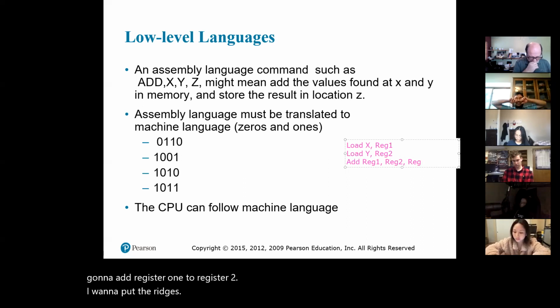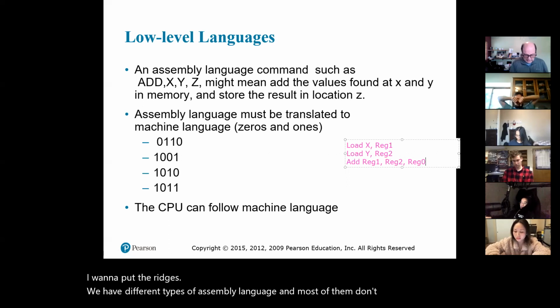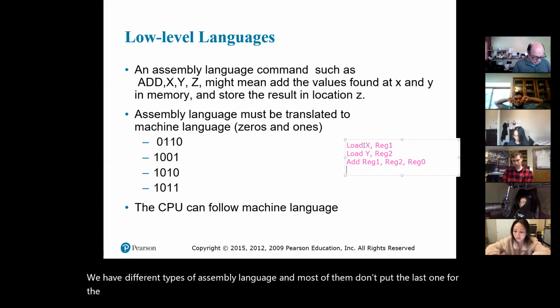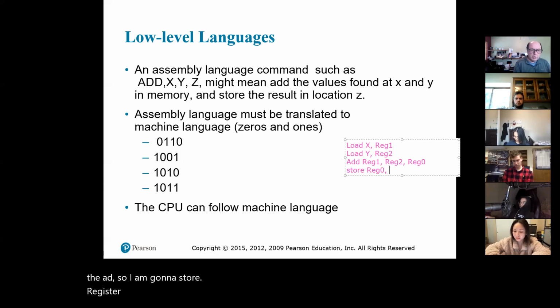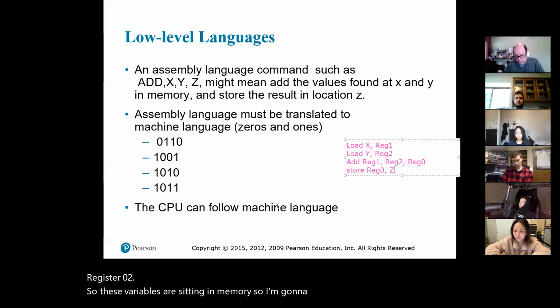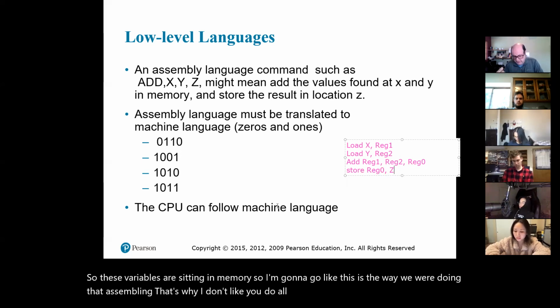We have different types of assembly language, and most of them don't have the last one for the add. So I am going to store register 0 to Z. These variables are sitting in memory. So this is the way we were doing the assembly, and that's why I don't like it. You do all of these things instead of a plus sign that we use in our high-level program.